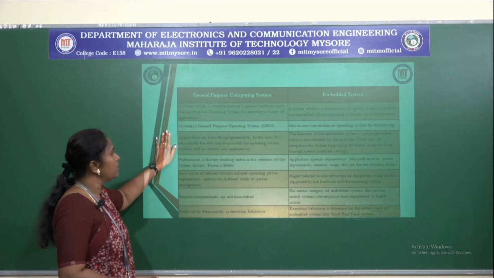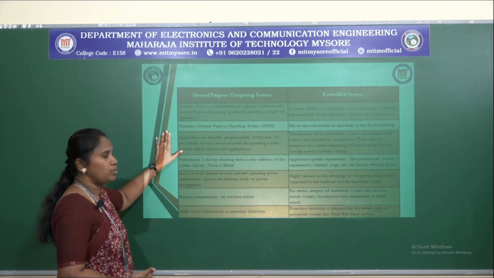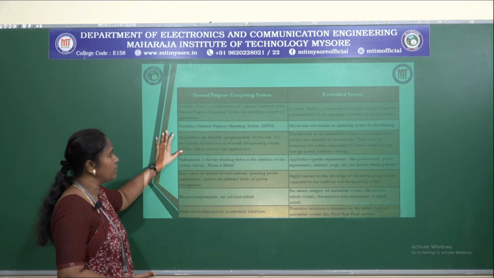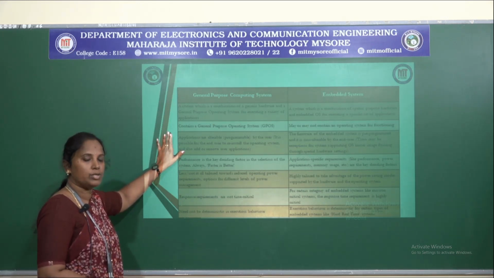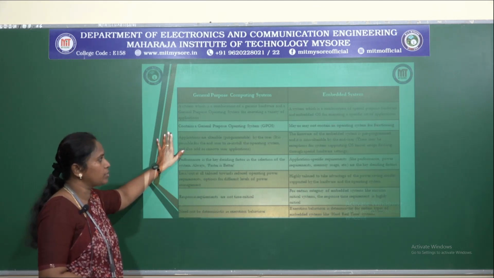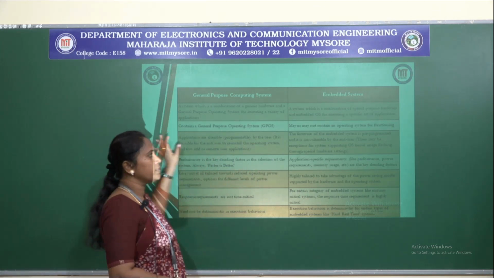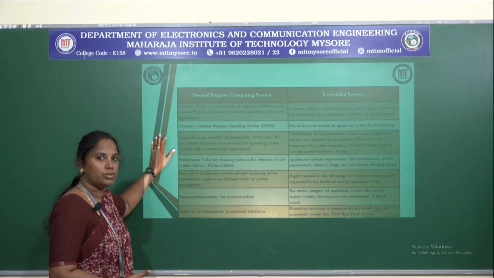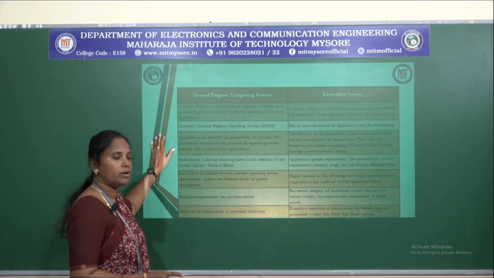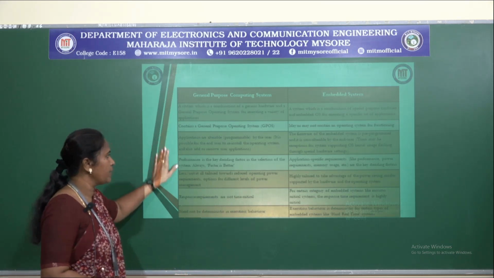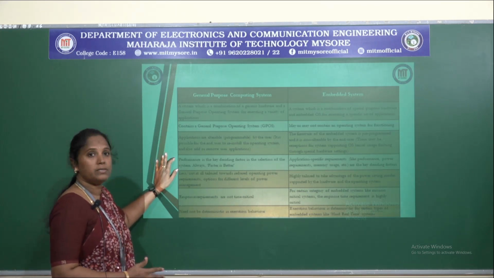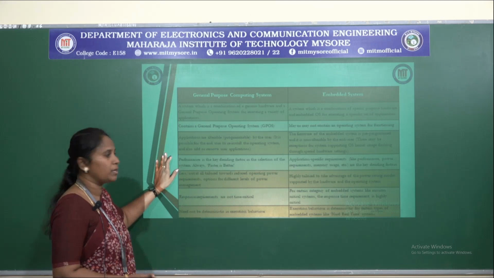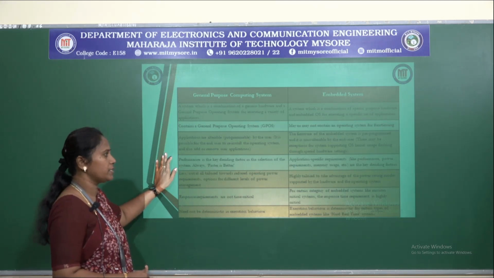Then the third one is that it is user friendly. That means in the case of general purpose it is alterable. That means you can alter the hardware and software and you can reuse. In the case of embedded system, we cannot do the alteration because it is designed for only a specific application. Next, we have the performance criteria, where performance wise your general purpose computing is faster.